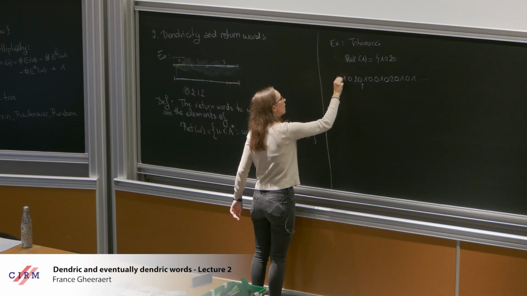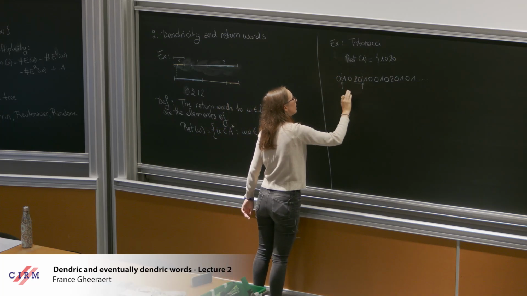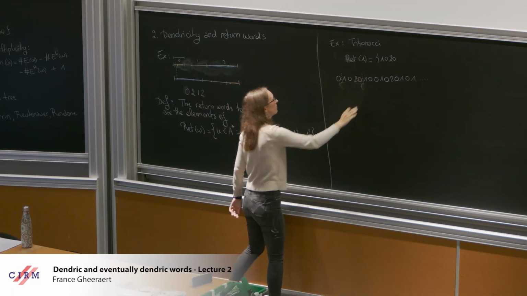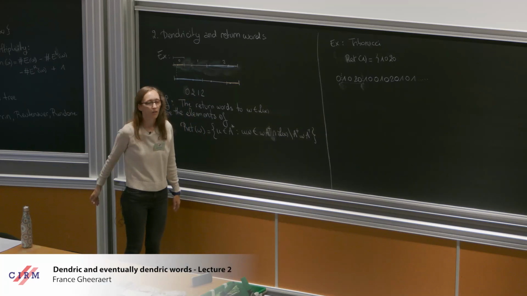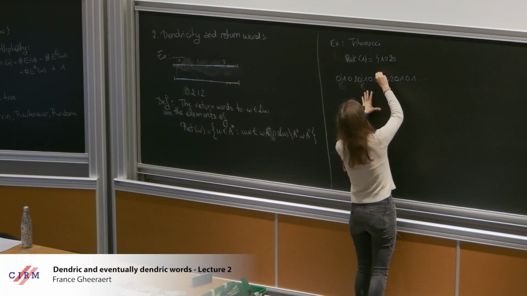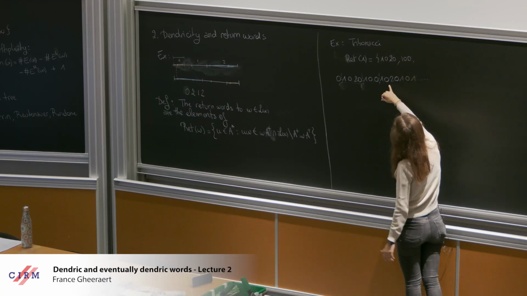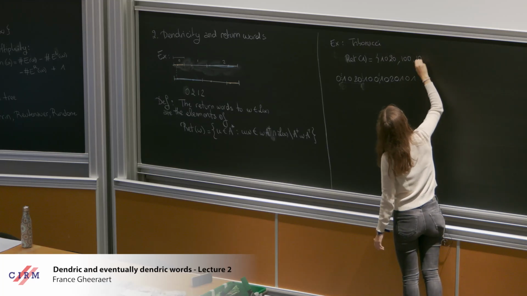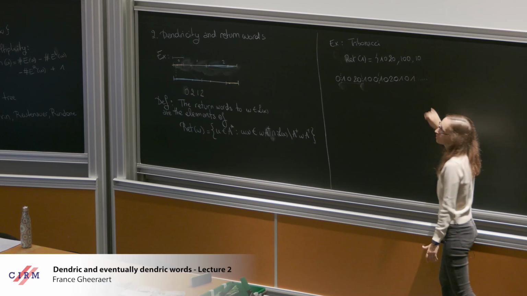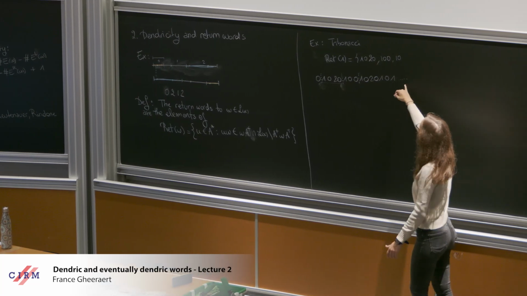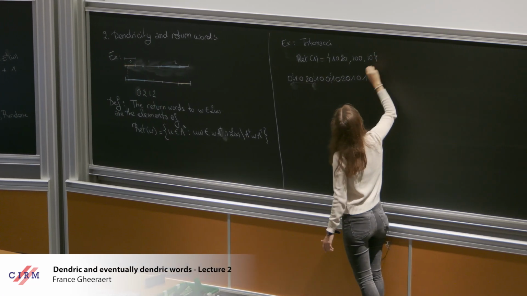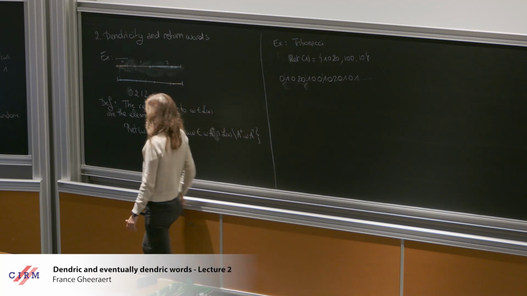So we start there and we end there. Now the next return word will be this one, and then we get the same one again, then we get 1, 0, and then we could potentially get more depending on what happens there, but actually I know that it's over.